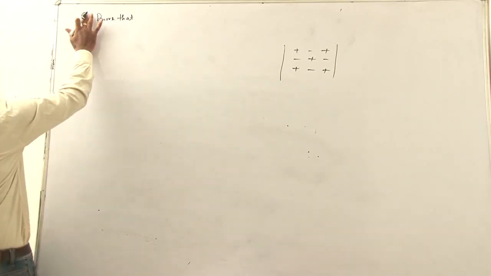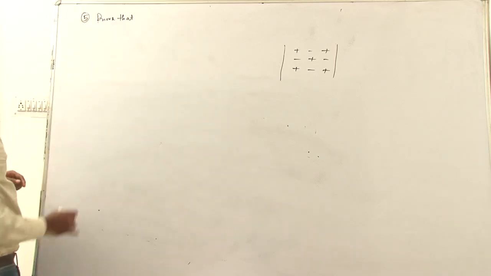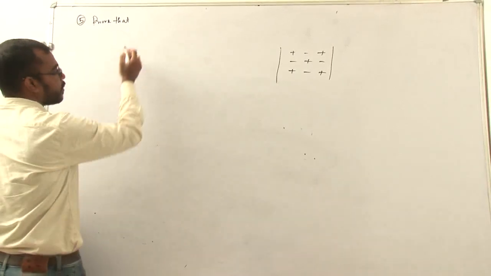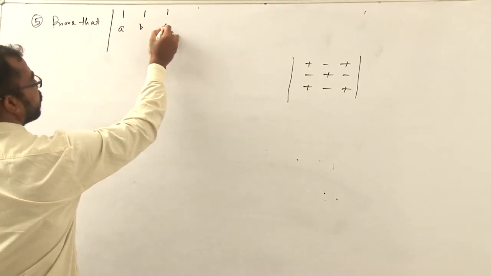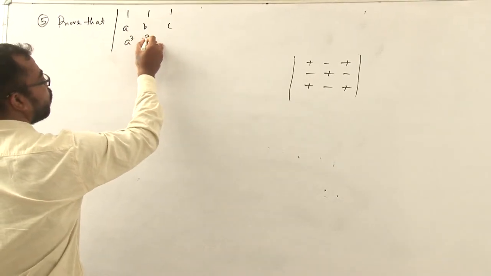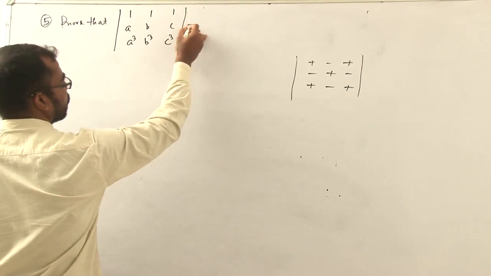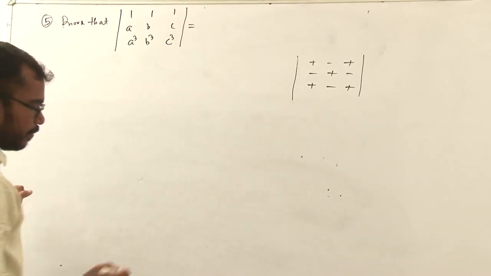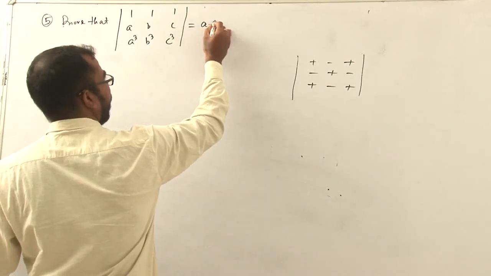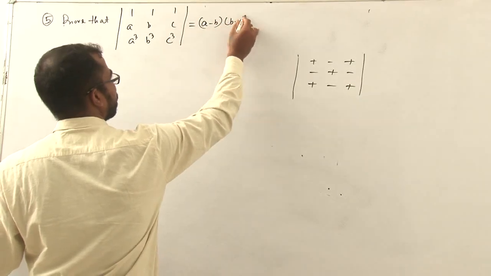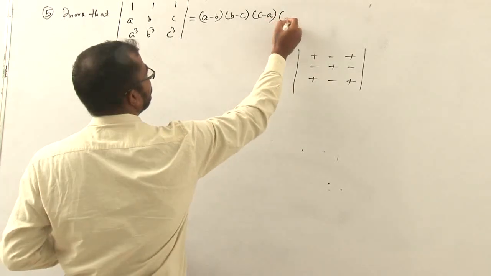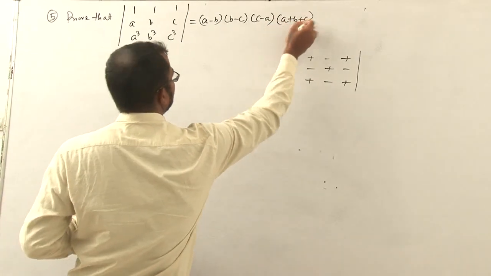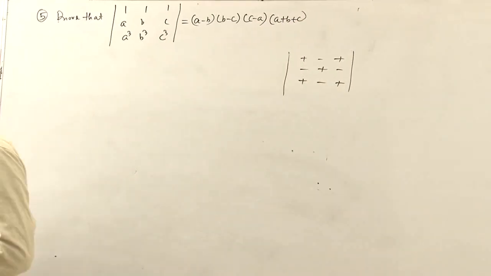Question number 5: the determinant of 1 1 1, A B C, A cube B cube C cube, equals (A minus B) into (B minus C) into (C minus A) into (A plus B plus C). So this is an important one.